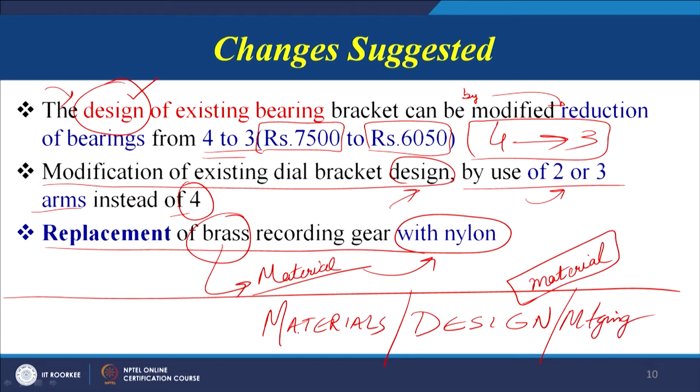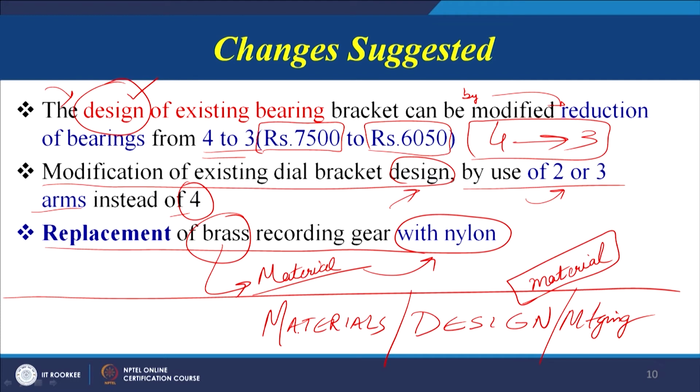So, when we change the materials, the design, or the manufacturing processes used for converting the material to a product, there are chances, possibilities and opportunities which can help us to significantly save a certain amount of money, and that is the basic idea behind value engineering, or the value analysis approach.